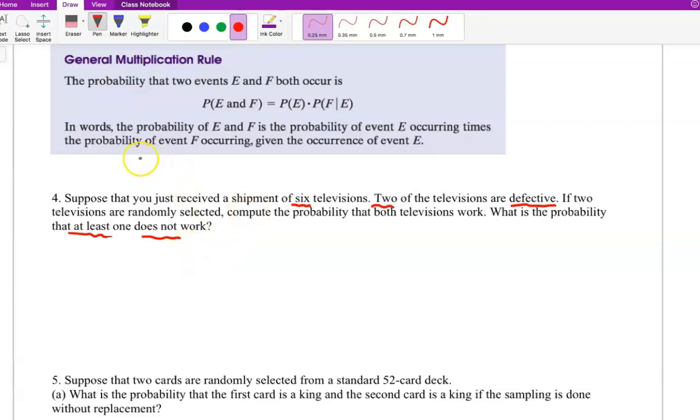So how many TVs we have is 6, and how many are defective is 2. That means that 4 of them work.